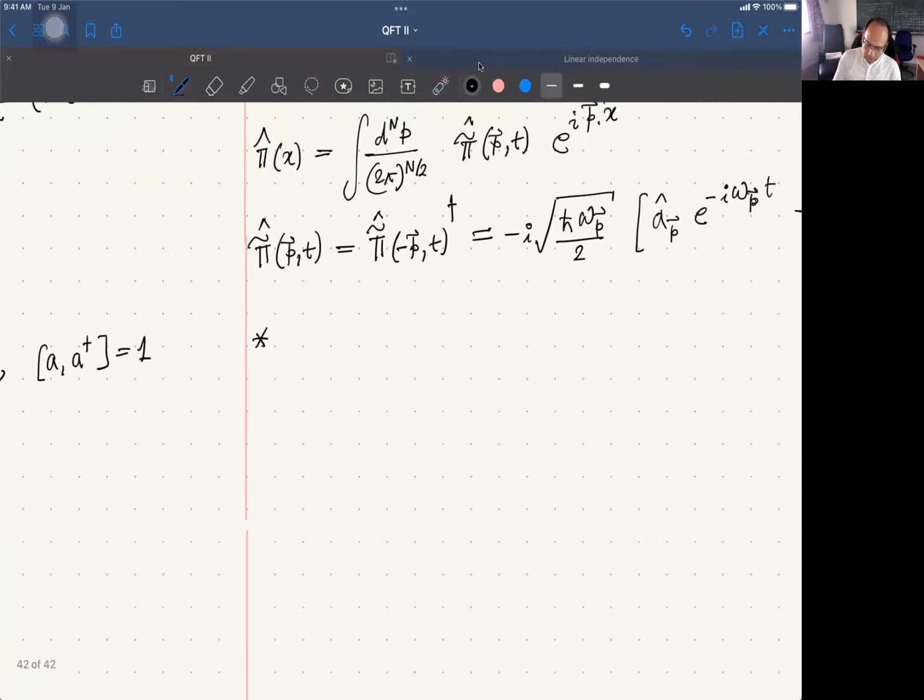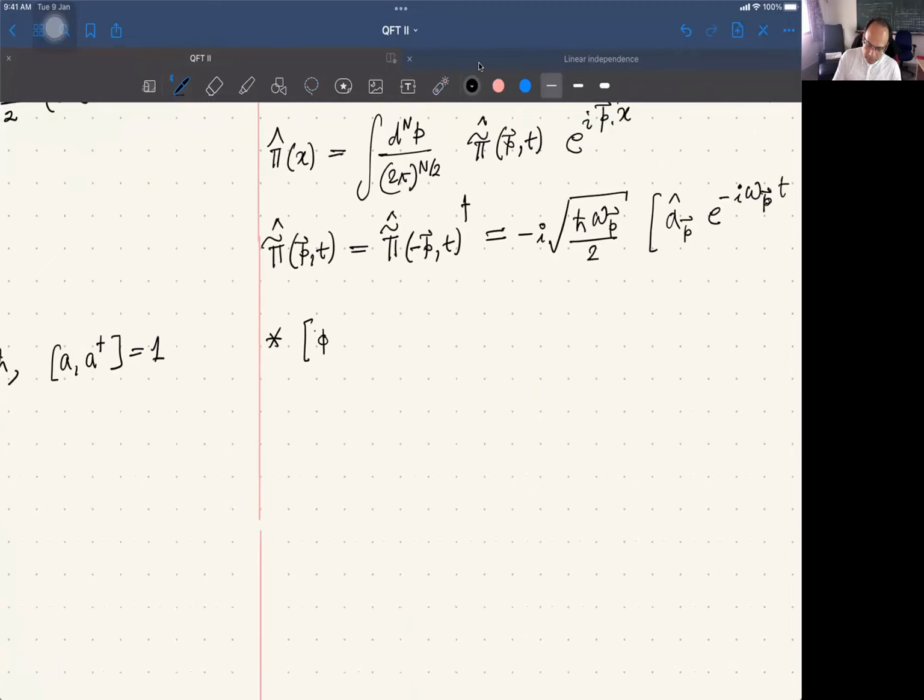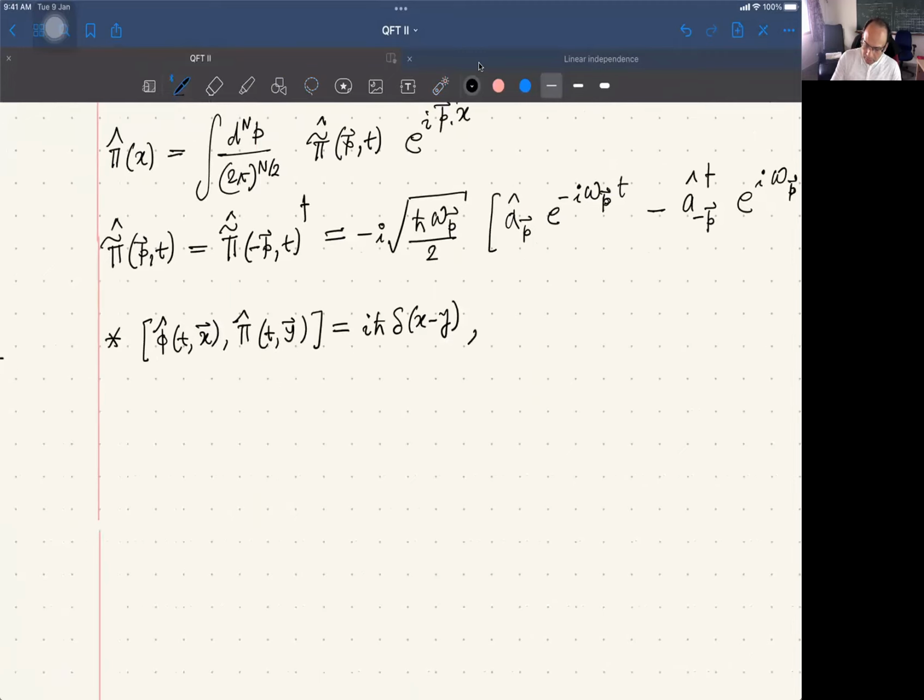And similarly here one has the equal time commutator [phi(x), pi(y)] equals i h bar delta(x minus y), and [a_p, a_q dagger] is equal to delta(p minus q).